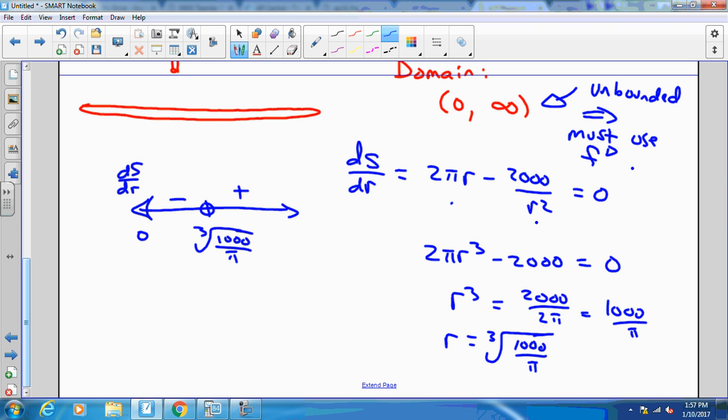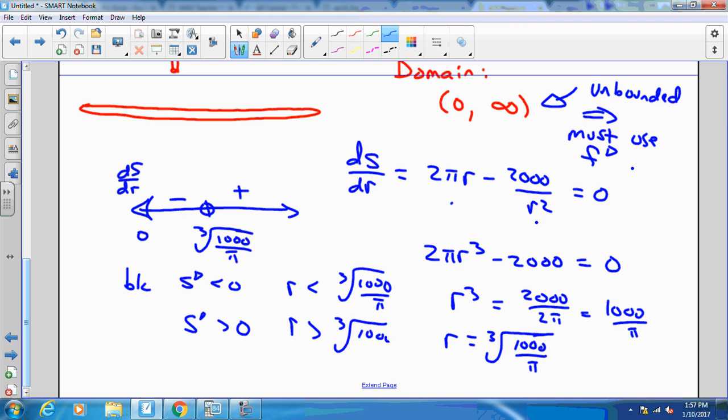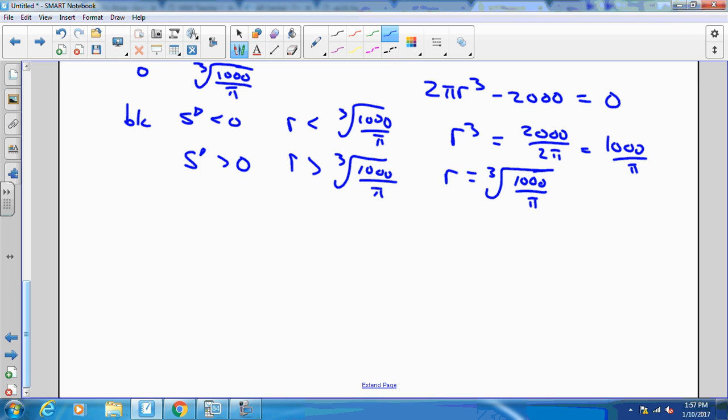So I would interpret this now as saying that because S prime is less than 0 for r less than whatever it is, and because S prime is greater than 0 for r greater than whatever it is, therefore I conclude S is a minimum.